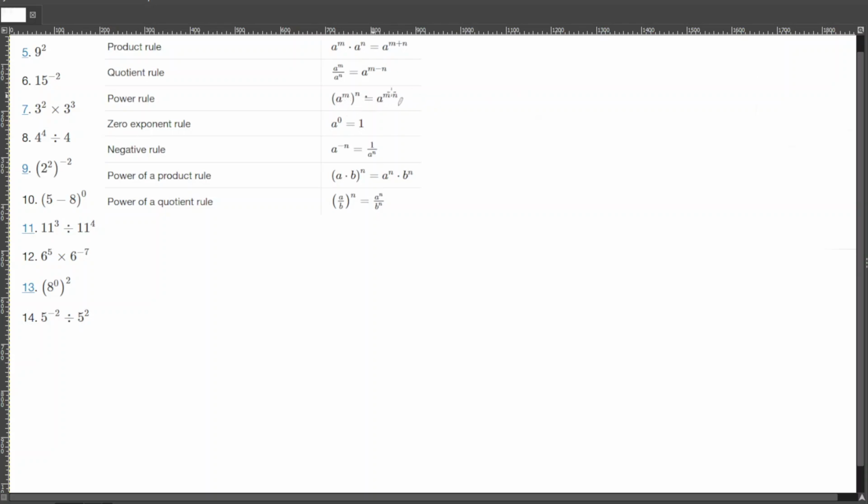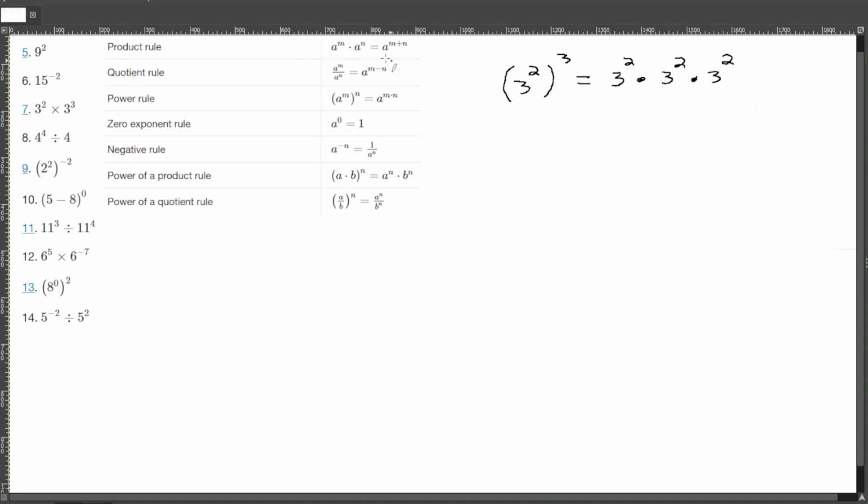So the power of a power rule states that if you have a power on the inside, like 3 squared, and then everything's cubed, well, what that means is you have 3 squared times 3 squared times 3 squared.